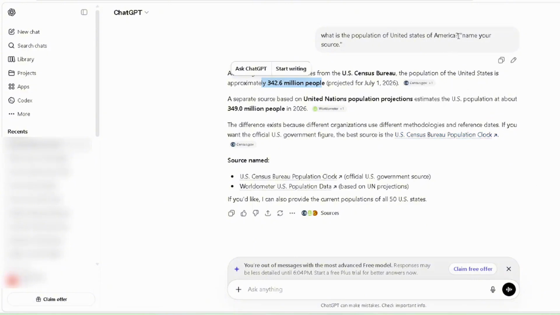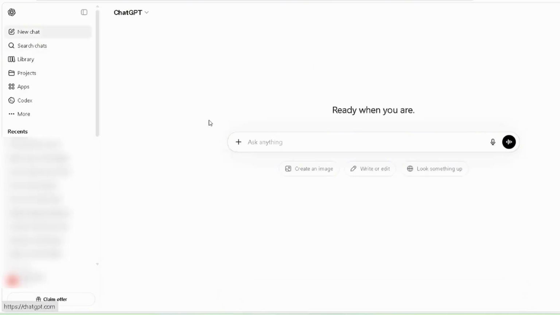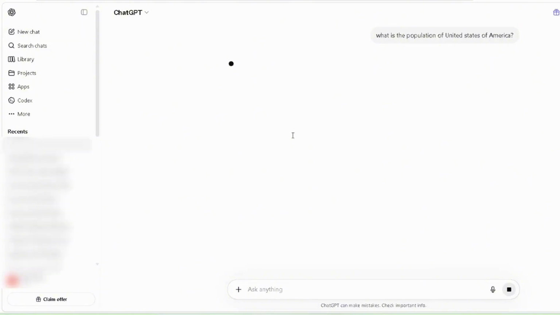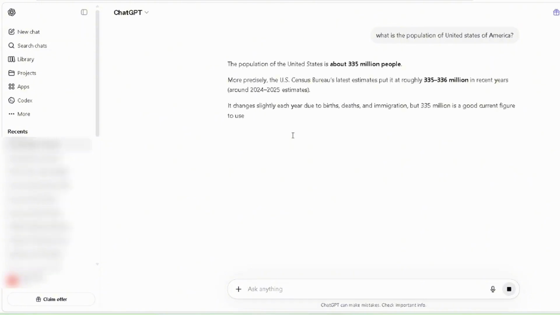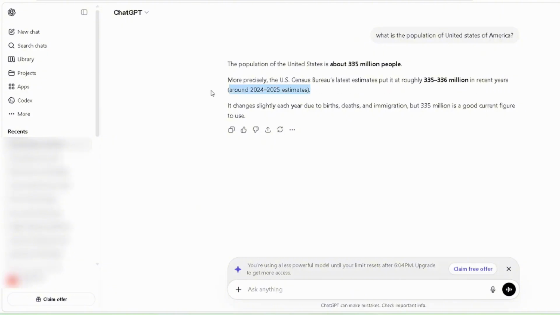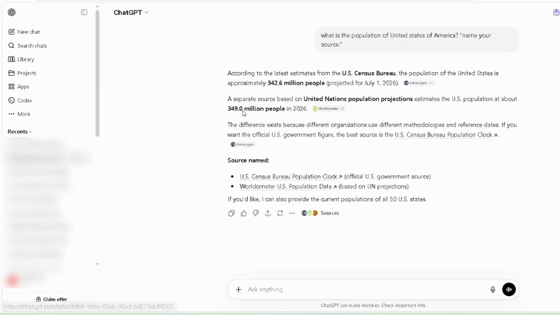So what if I just write this particular prompt, and what will be the outcome? When I enter this, as you can see, there is no source at all. When you say it's 335 to 336 million in recent years, in 2025, nobody will believe you until you tell them, according to the census government, it is exactly 342.6 million people.